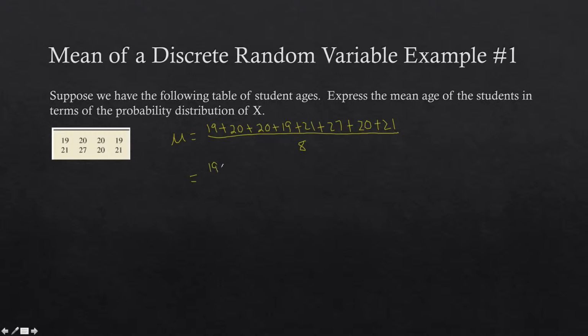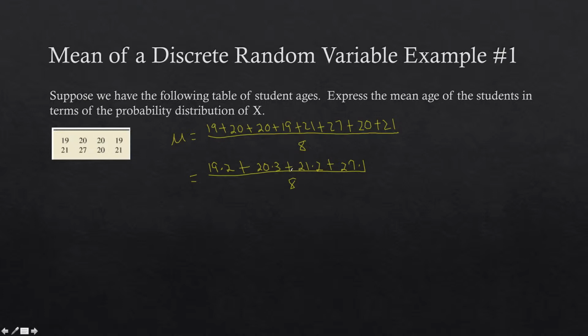Notice I've got two 19s in here, so 19 times 2. Notice I've got 3 sets of 20s in here. Notice I have 2 sets of 21s, and one 27.